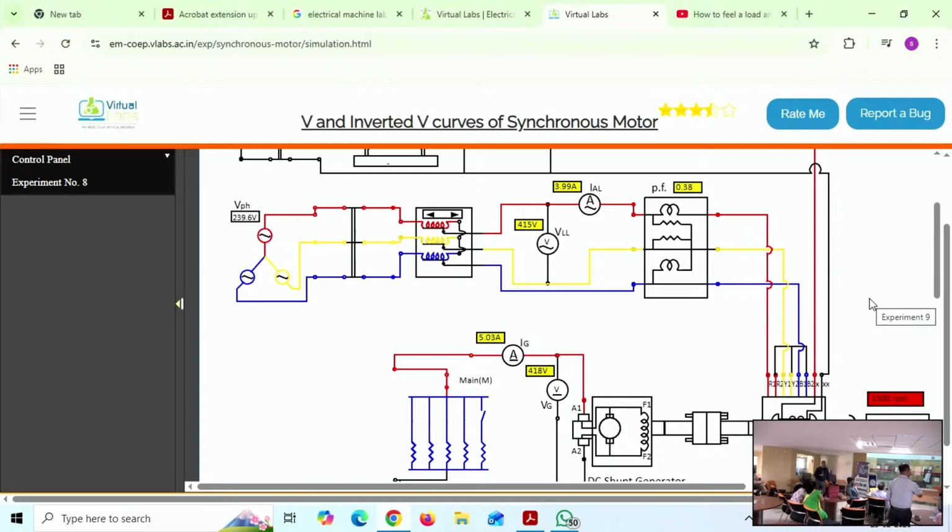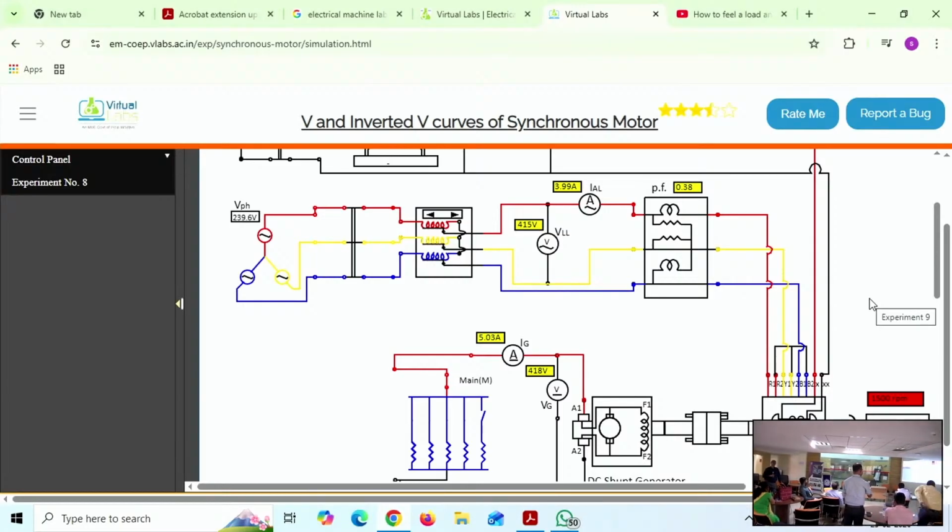Slowly we are increasing the field current, when the machine is operating at rated current. At that time, what happens? Initially one was decreasing, another was increasing. Whenever it goes below zero, at that time live we are just changing the position. That can create a problem.